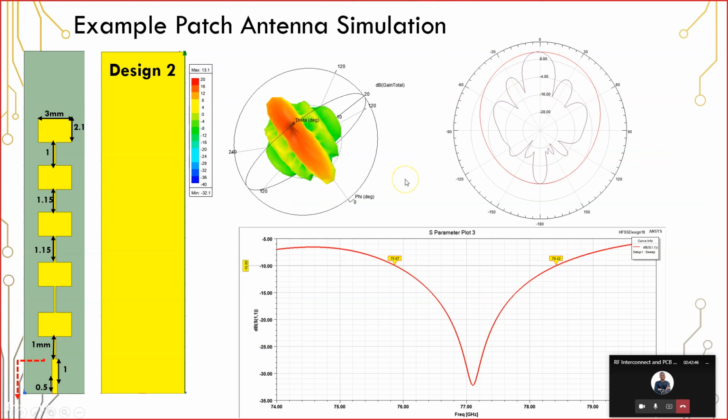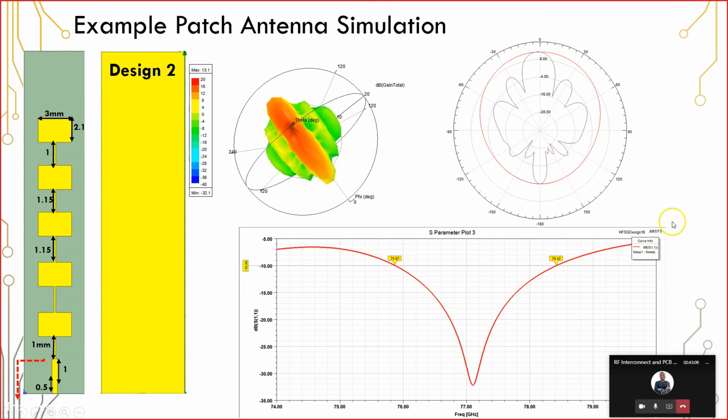Now, these patch antennas are intentionally designed to provide very high gain within a relatively narrow bandwidth. And so that gain can be visualized in one of these charts or using this kind of radiation pattern. So this particular example was done in ANSYS.